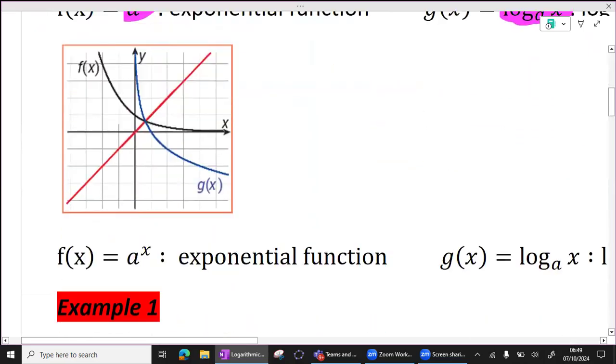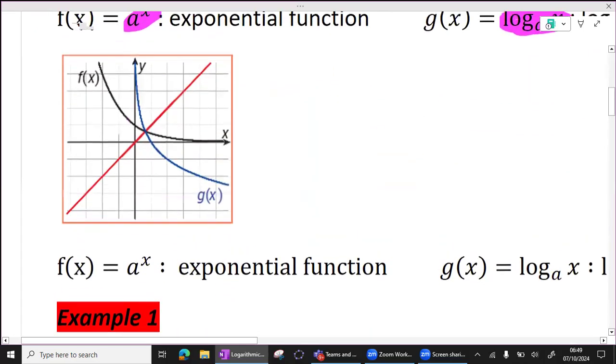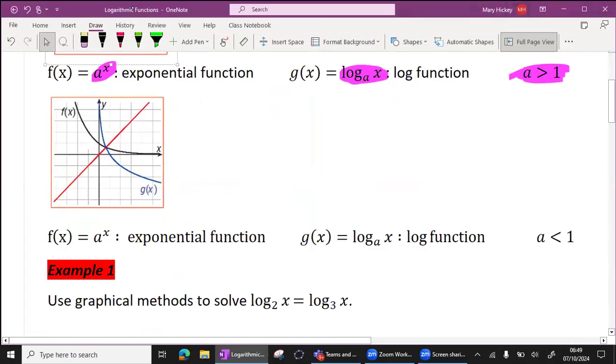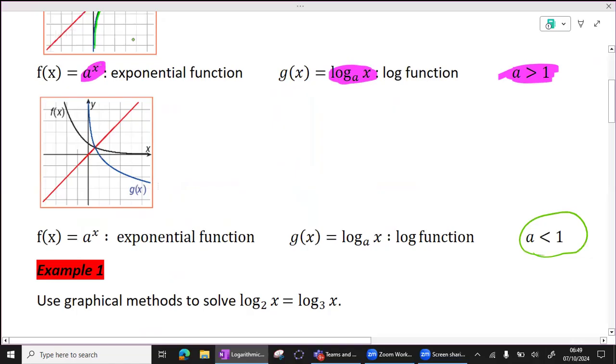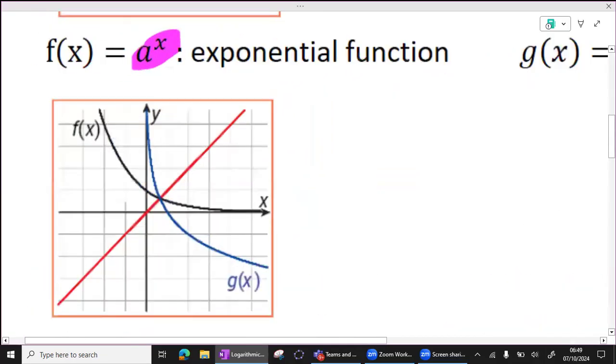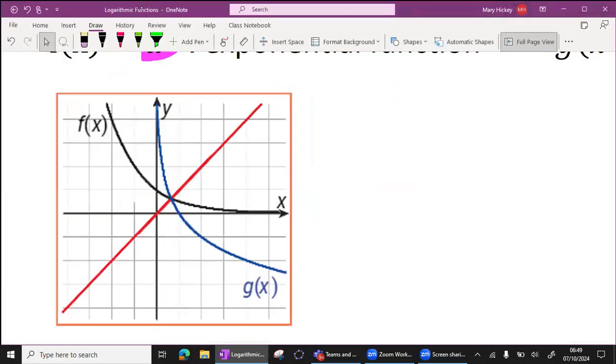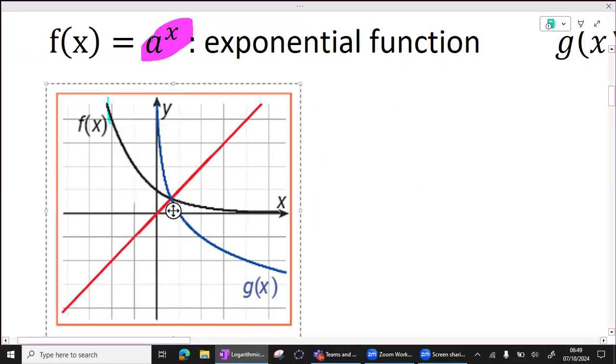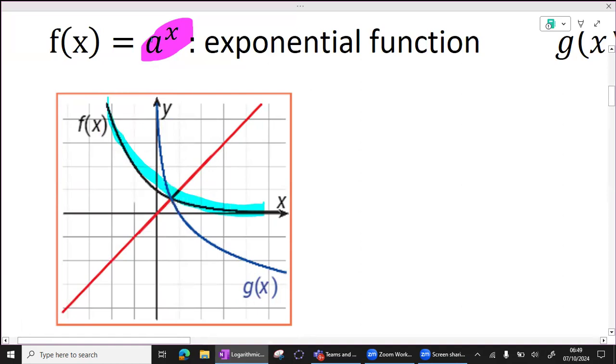Now, what happens if our exponential, if the a is not negative, but a fraction, I should say, less than 1? If it's a fraction, we expect this to be a slide. And there it is. That's what we would expect to see for that exponential function.